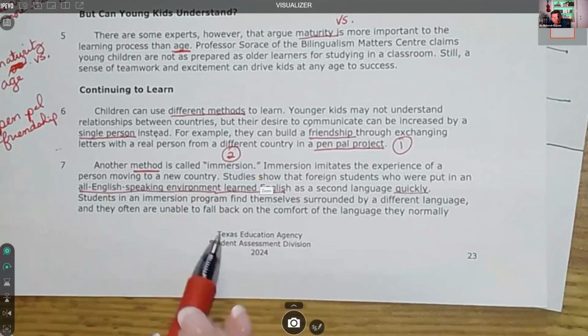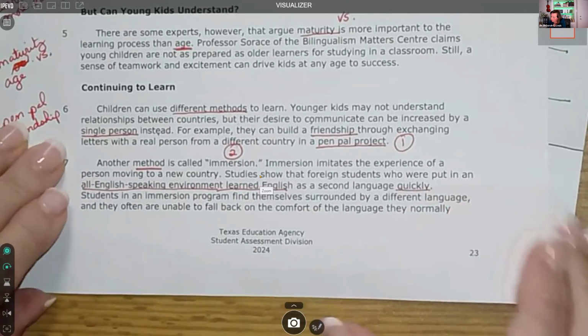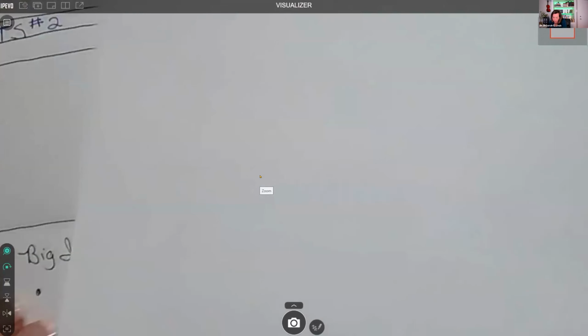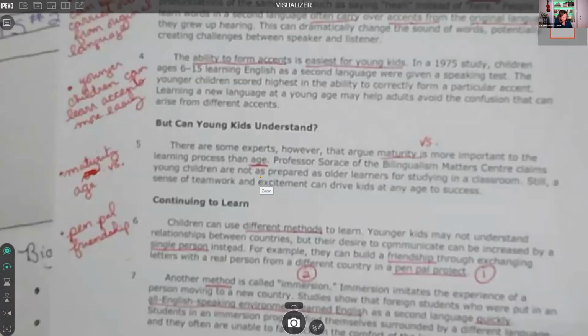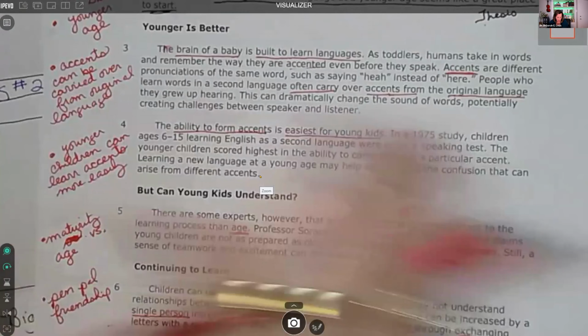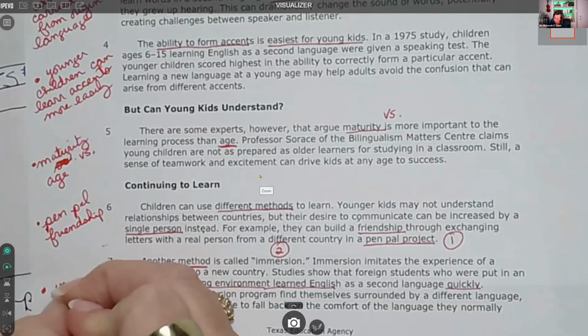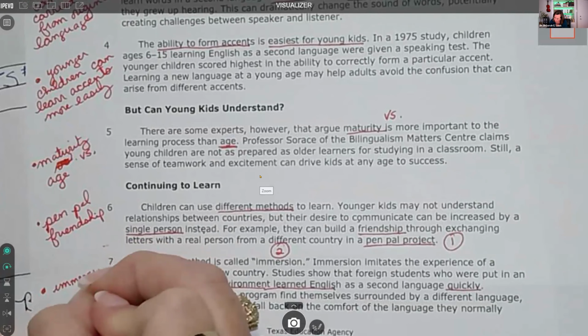Students in an immersion program find themselves surrounded by a different language, and they often are unable to fall back on the comfort of the language they normally use. Okay, so before I leave here, this is about another method. This is the immersion program.